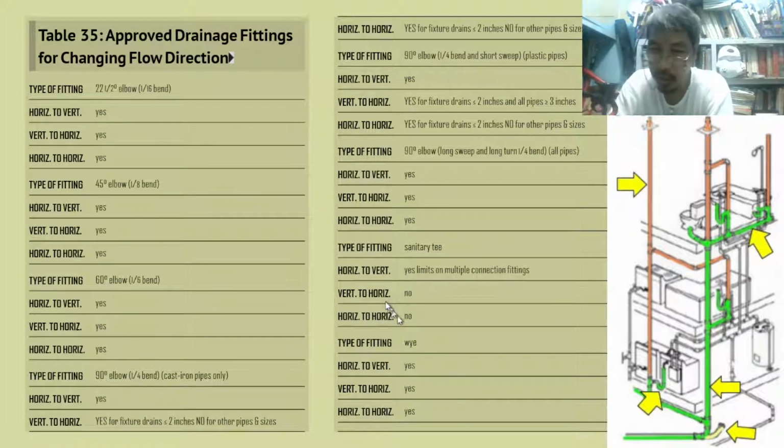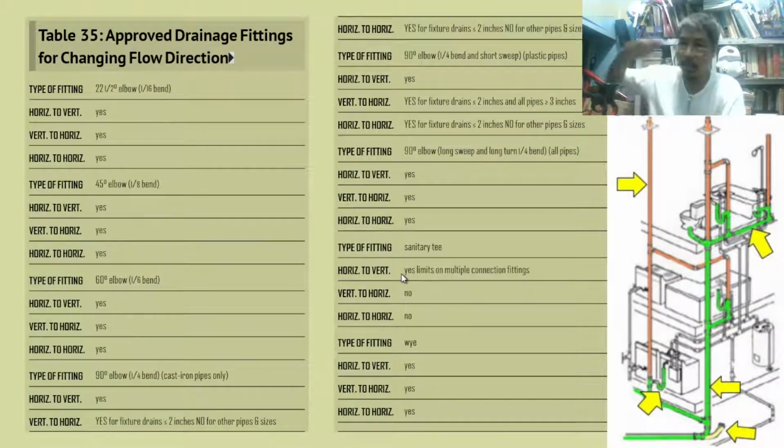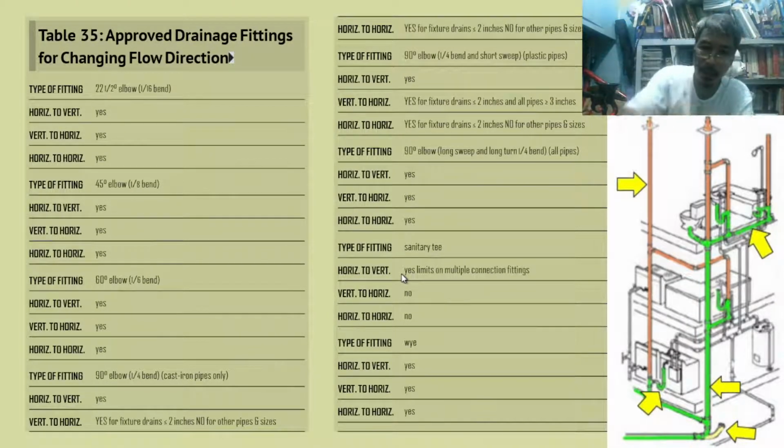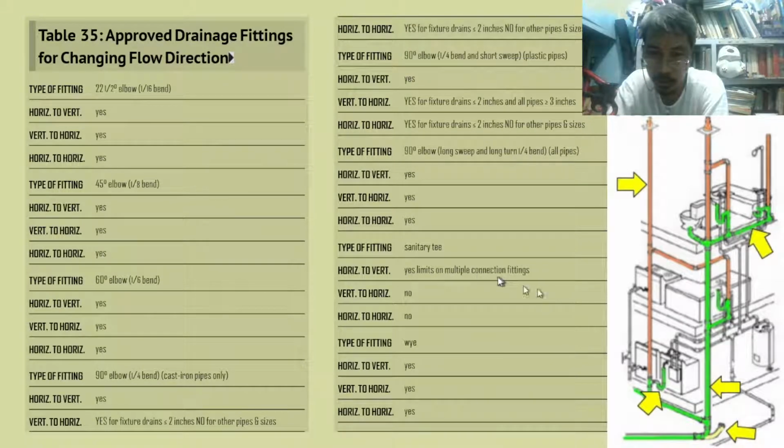Horizontal to horizontal, no. Vertical to horizontal, no. We can use it horizontal to vertical, with limits on multiple connection of fittings. How about Y? We can use it in any orientation, because Y is the most efficient and effective for a DWV system.